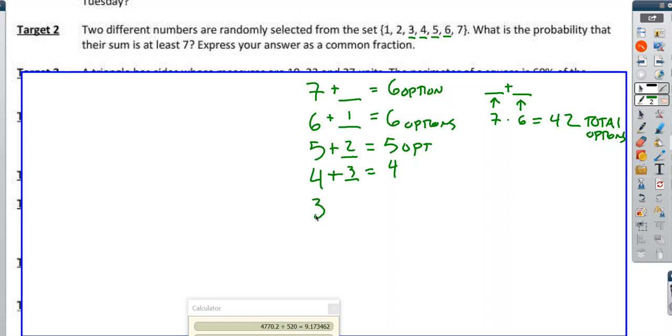What happens if I have a 3 first? Now that 3 is already in there, I keep forgetting the 7. That means I have 4 options as well.